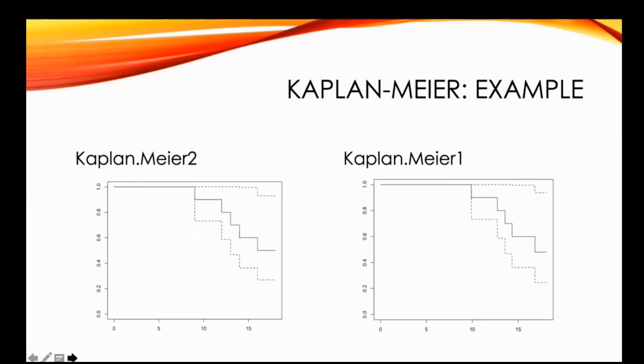Looking back at the two Kaplan-Meier curves, Kaplan-Meier 2 on the left has 5 steps because there were 5 events, and Kaplan-Meier 1 on the right has 5 steps because there were 5 events. The median survival is similar, but it's a little bit longer, 16.8 in Kaplan-Meier 2 versus 16 in Kaplan-Meier 1, and that's because of the use of fractions of months. So the curves are slightly different, but generally very, very similar.